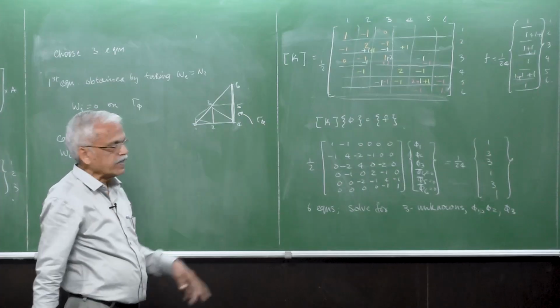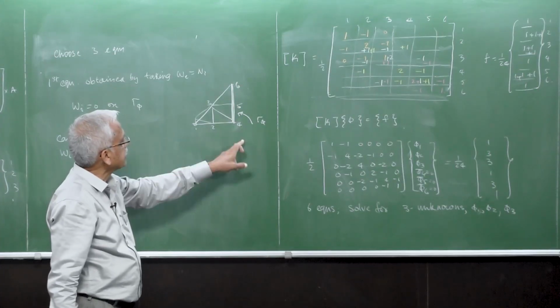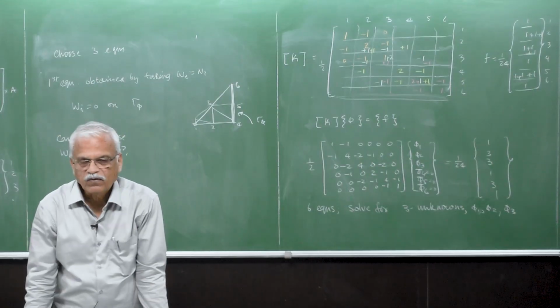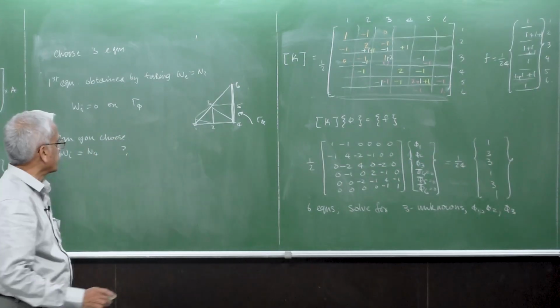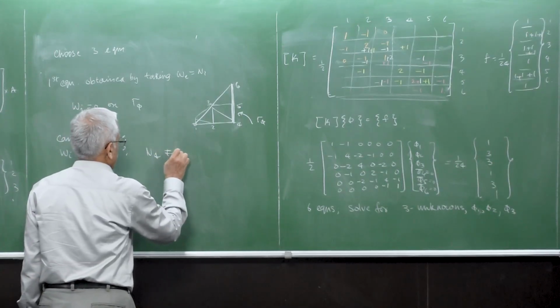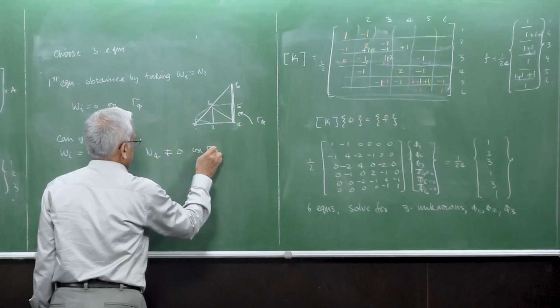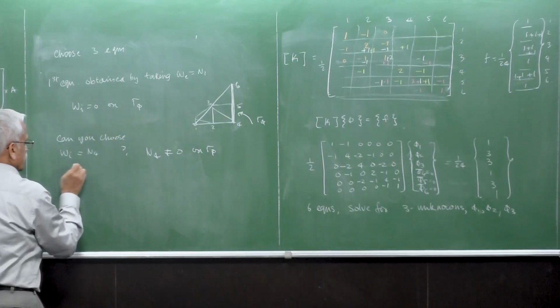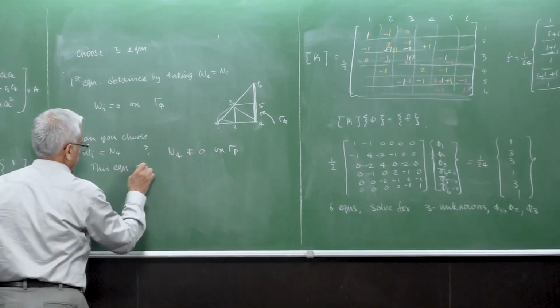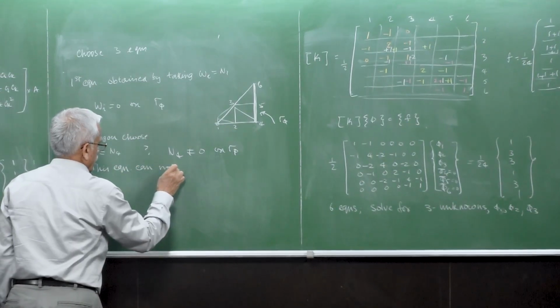That's fine enough. But on this side, gamma phi, N4 is not 0. N4 is non-zero on gamma phi. So this equation cannot be used.